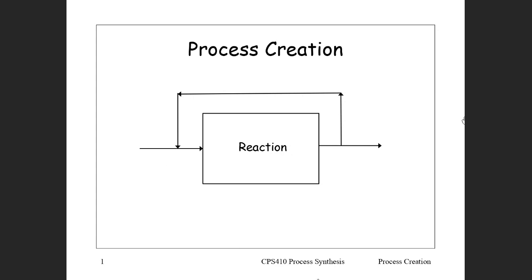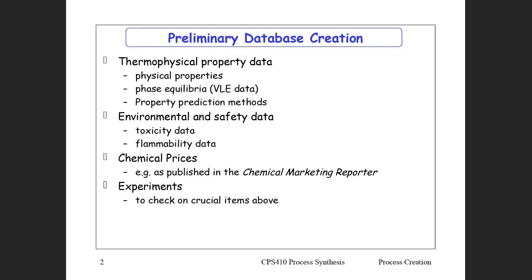Right, so let's go on to the next slide. The first thing when you're starting to develop a new process is you must find the physical property data so that you can properly figure out how you're going to model the process that you're designing.